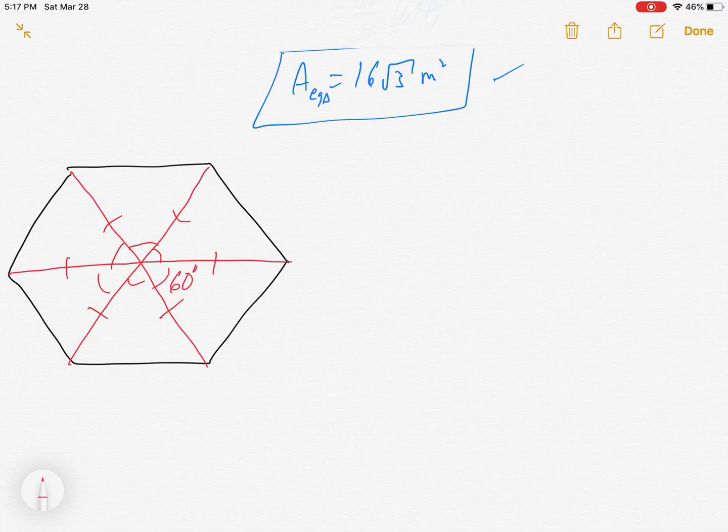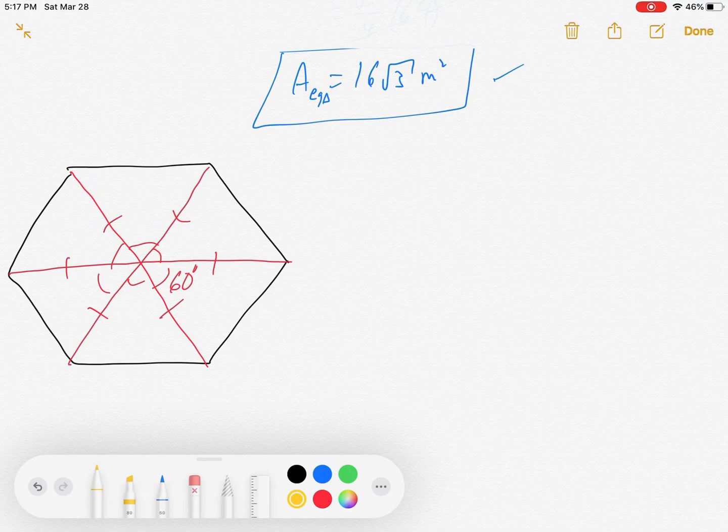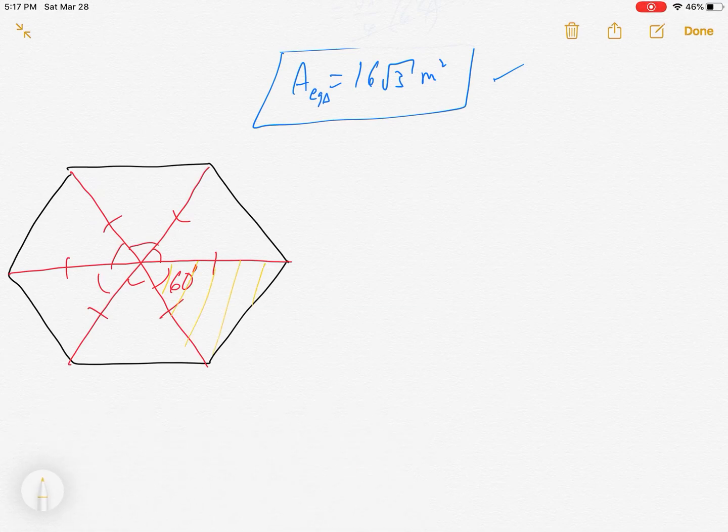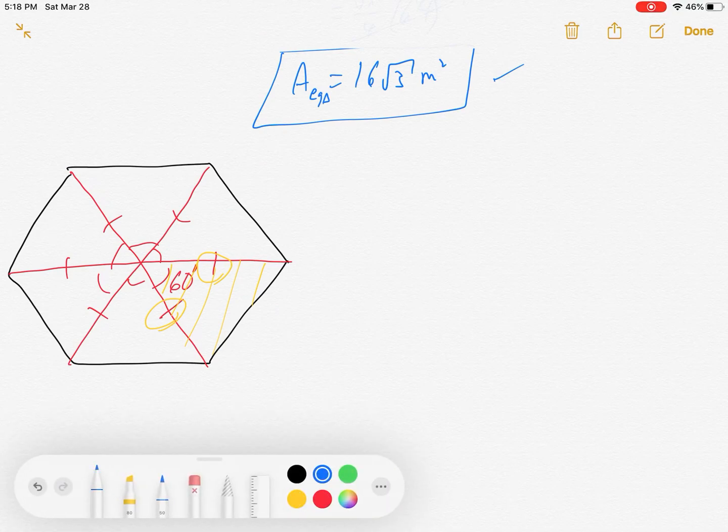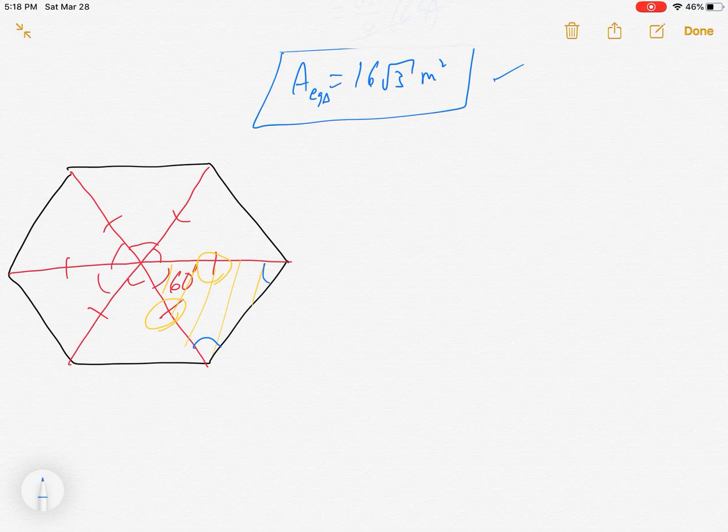And looking at this triangle here, since these sides are the same, this must be the same as this. Well, since that's 60, there's 120 left for those two. These also have to be 60.